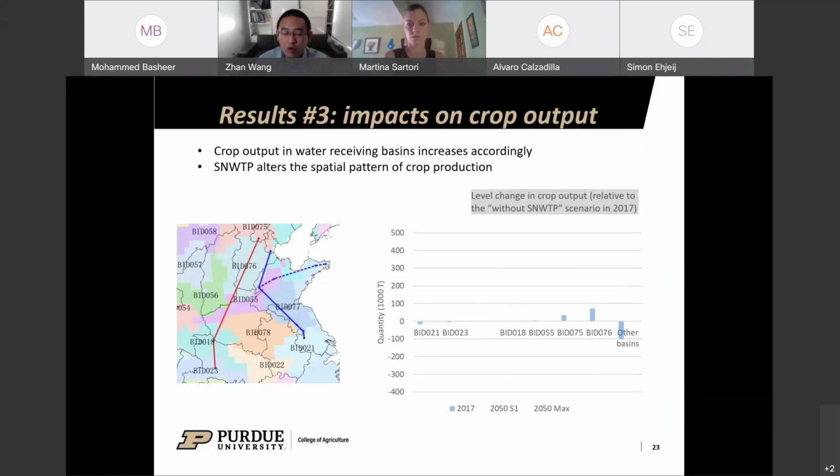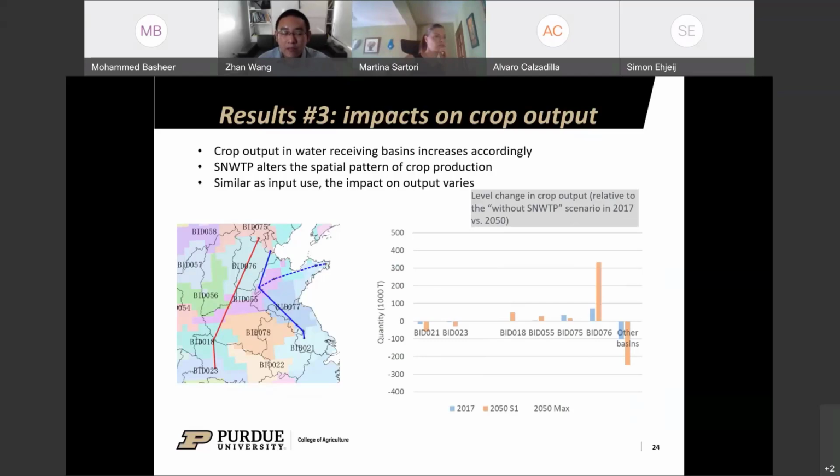So the increase of crop production in the water receiving basins is related to the decrease of crop production in other basins, no matter whether they are included in SNWTP or not. So it shows the impact of SNWTP on changing the national pattern of crop production.